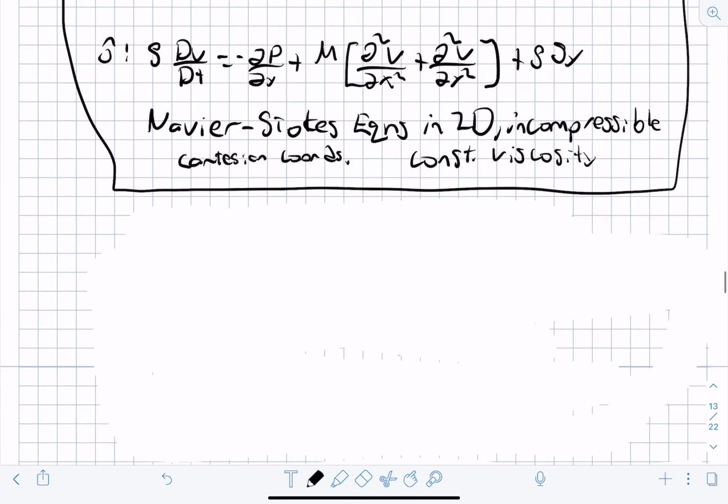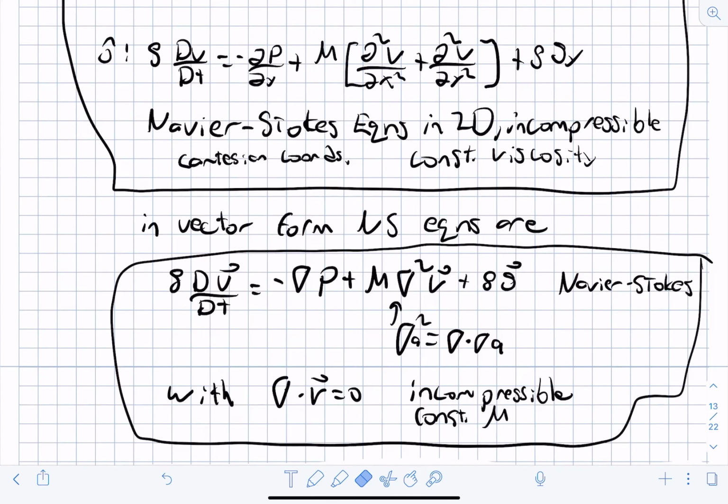Okay, but we can write these equations in vector form, which is basically valid for any coordinate system: rho times the substantial derivative of the velocity vector equals minus grad p plus the viscosity times the Laplacian of the velocity vector plus rho g.